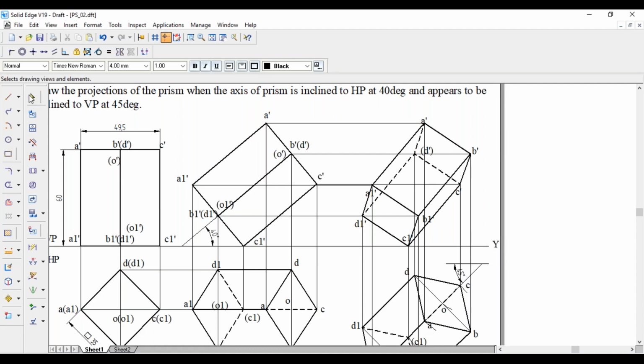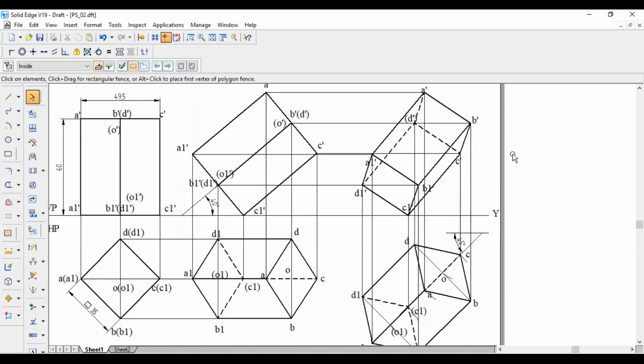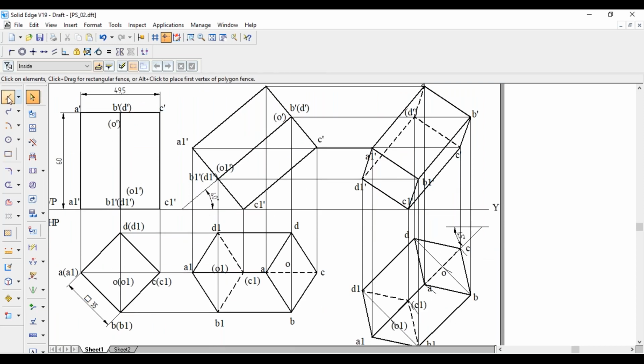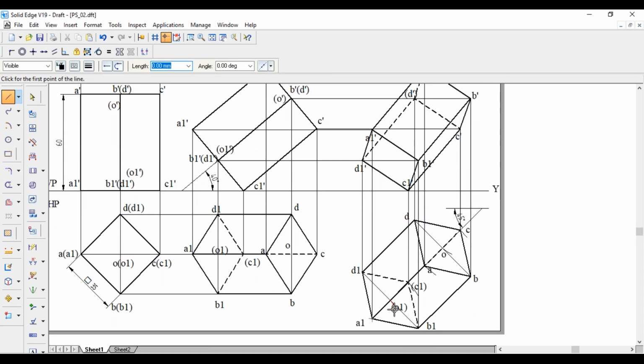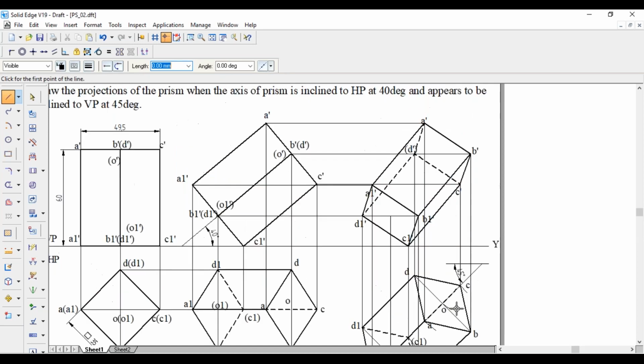Next, axis line we have to draw. For that, first project the axis lines from O1. O1 dash is here till this line. Similarly, O dash is on this line till this line.